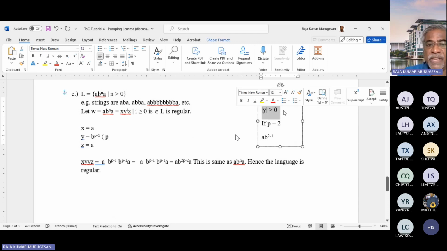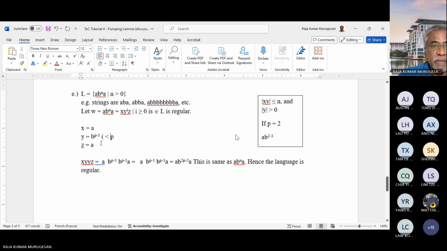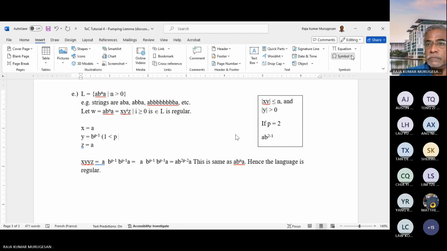The lemma says the length of y cannot be equal to 0, so the length of y must be greater than 0. If p is 1, 1 minus 1 will become 0, so y will become 0, right? So we have to specify what values p can take. p has to be greater than 1.